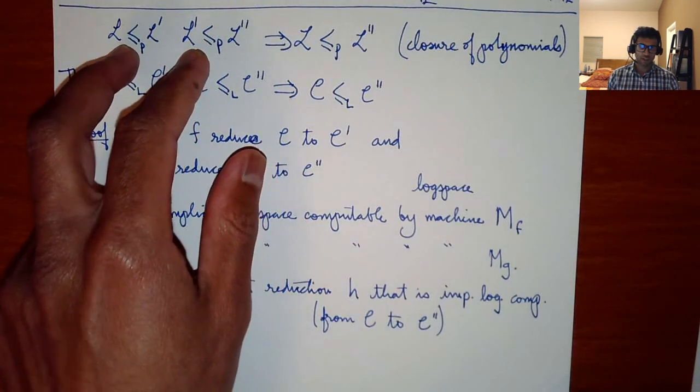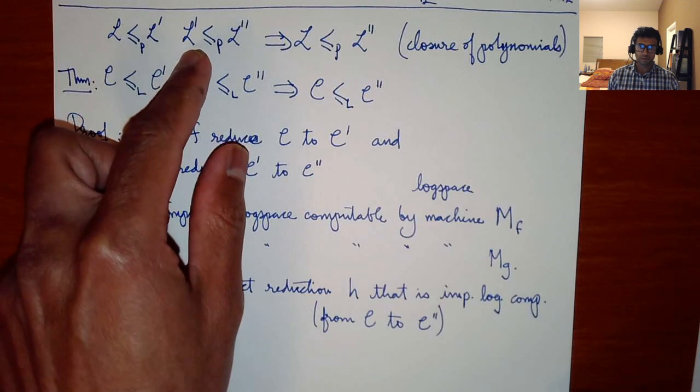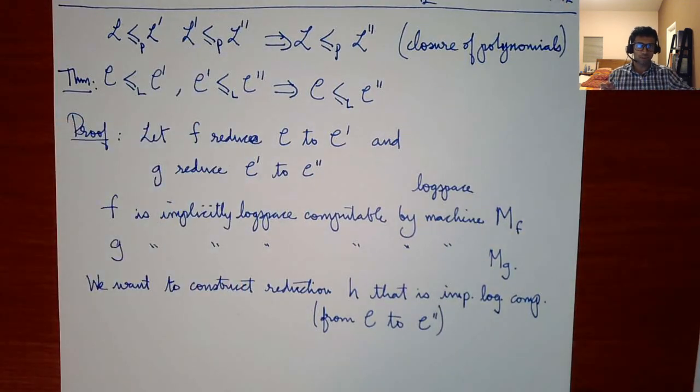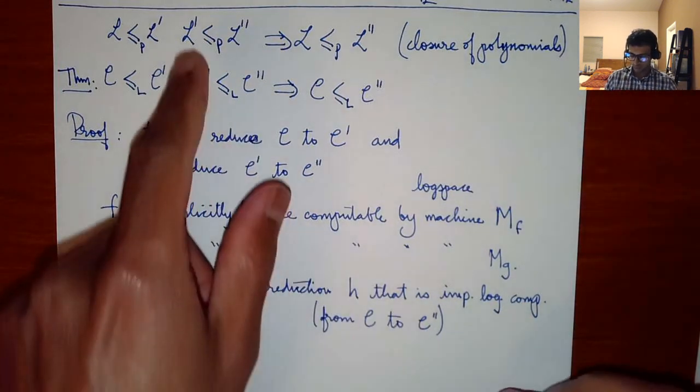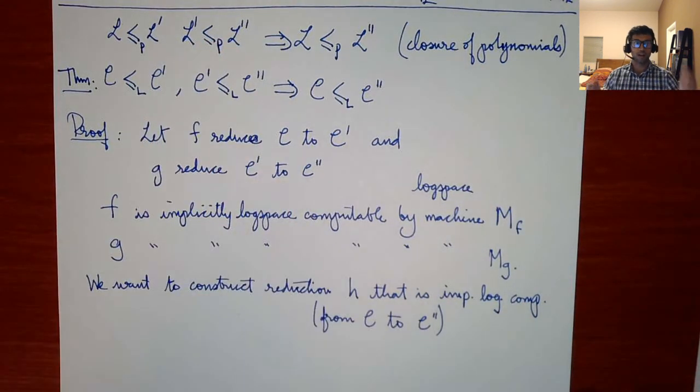In this reduction, you could just chain these two polynomial time machines together, right? You would run the first polynomial time machine, get the output, and then run the next polynomial time machine on that output. With this, you just have to be a little careful because it is implicitly Logspace computable.